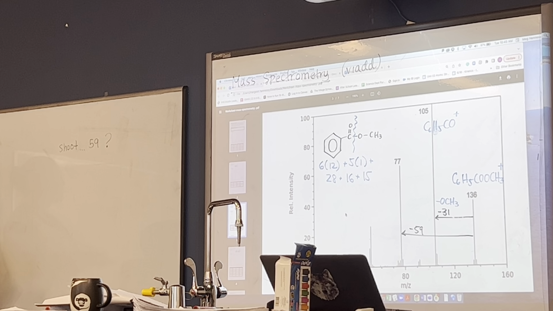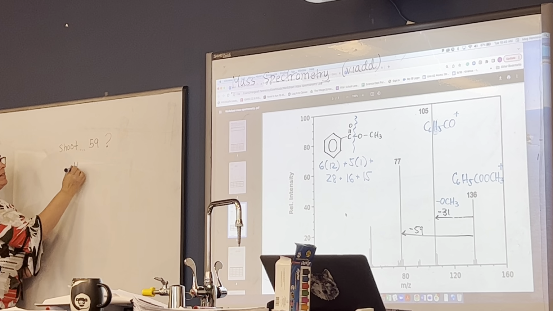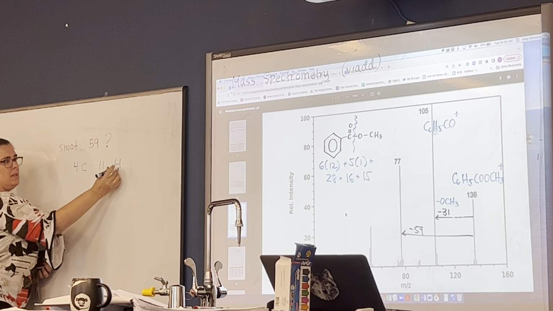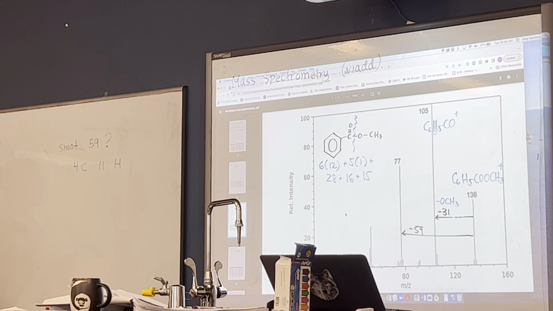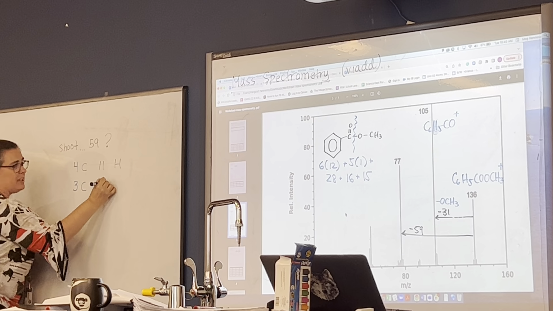So 5 carbons would weigh 60. So this would be 4 carbons, so that would be 48. And that would be 11 hydrogens. And I know butane is C4H10, so that's some nonsense. So what if it was 3 carbons, 1 oxygen?